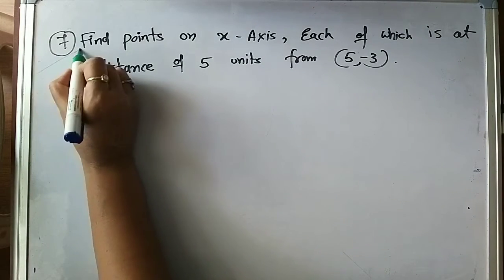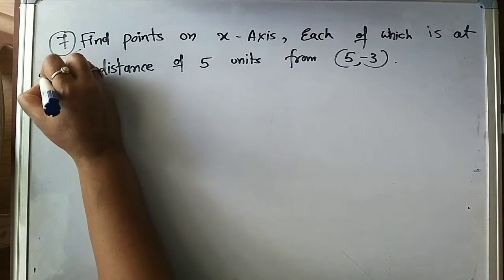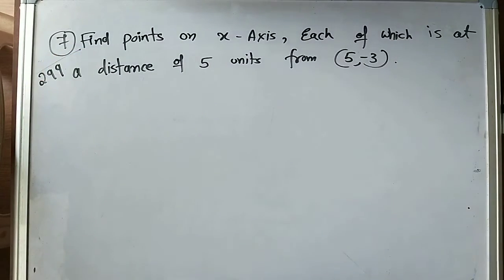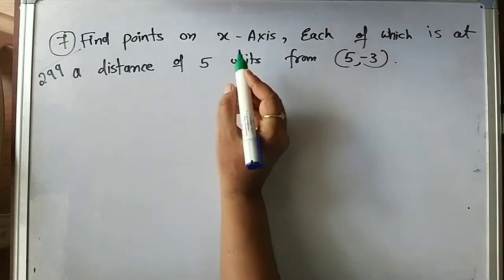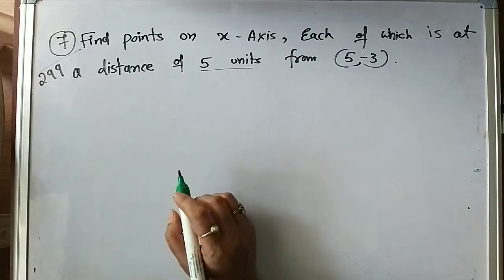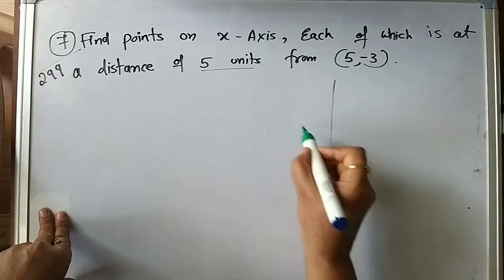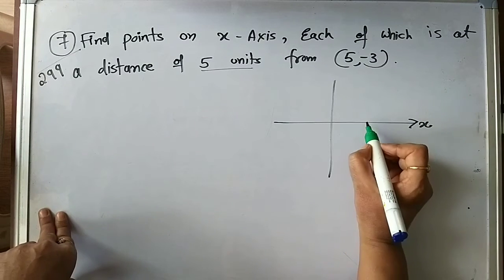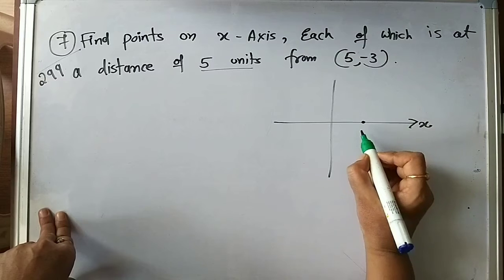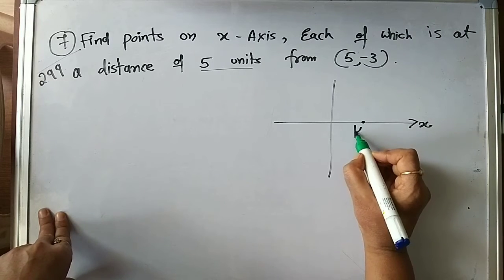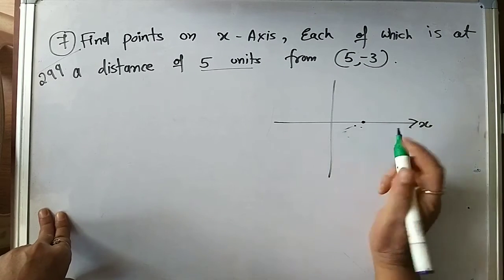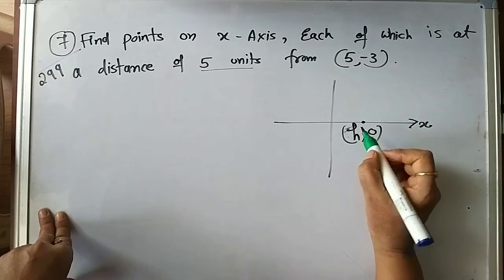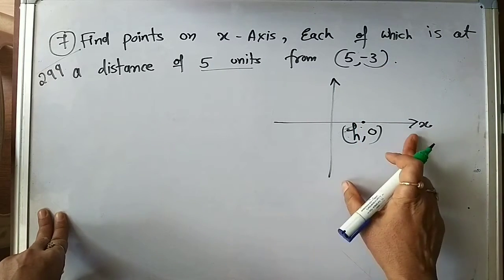Here is question 7, which you can find on page number 299. They are saying find the point on x-axis which is at a distance of 5 units from this point. So guys, one piece of information to always remember: any point on x-axis, whenever you assume, is always taken of the form h comma 0. The y coordinate is always 0 on x-axis.